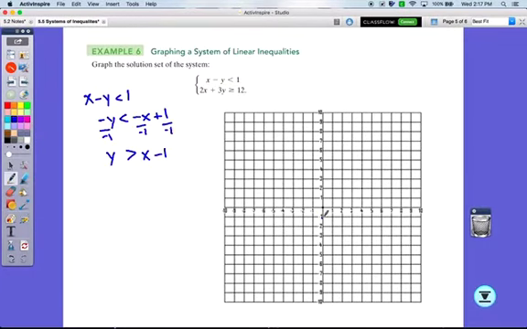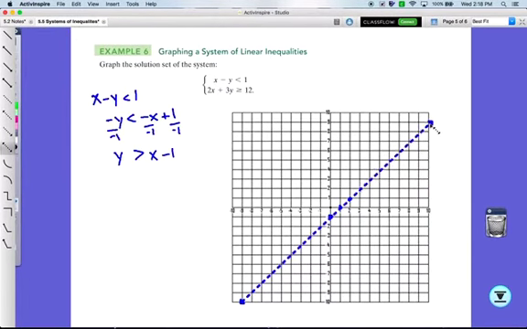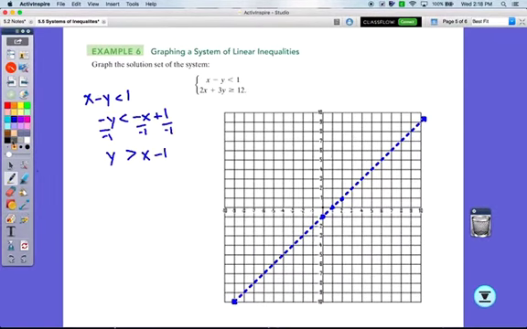That has a y-intercept of negative 1 and a slope of positive 1, so up 1 over 1, up 1 over 1. It's a dashed line because there's no "or equal to." So I draw my dashed line right through there, and when I shade, I would have shaded above.